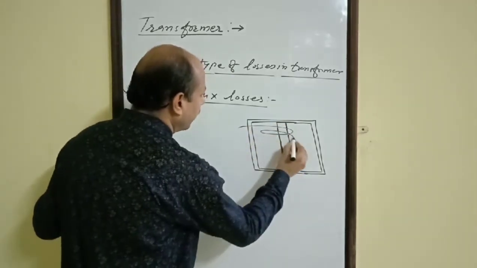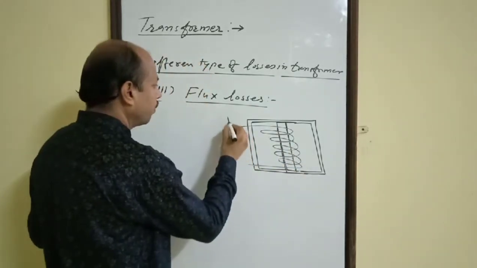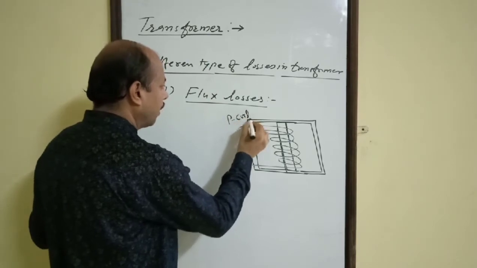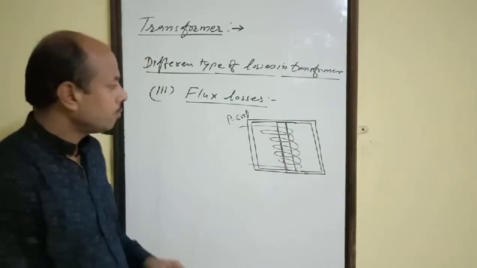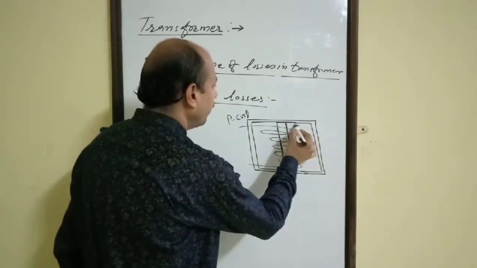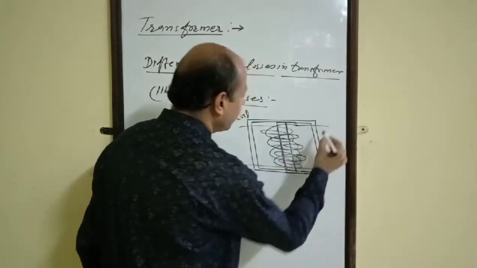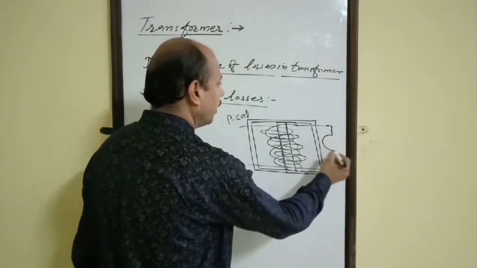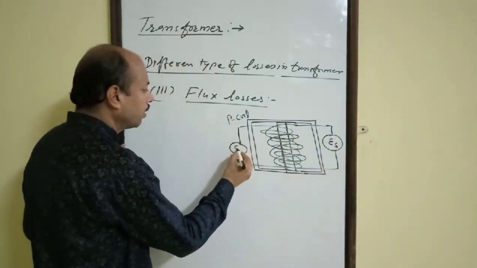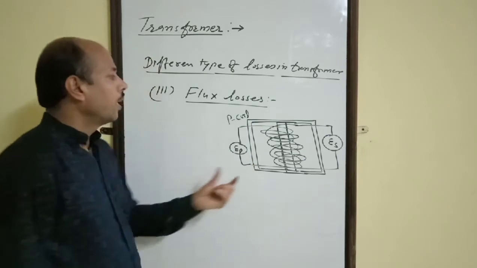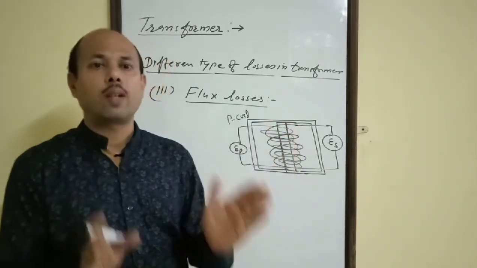We attach the primary coil here. I am not drawing the complete diagram, we will only explain. This is the primary coil, and the secondary coil should also be wound over this. This is the secondary coil. Here we can say this is ES and this is EP. In that case, there will be perfect coupling, or there will be no loss of flux.